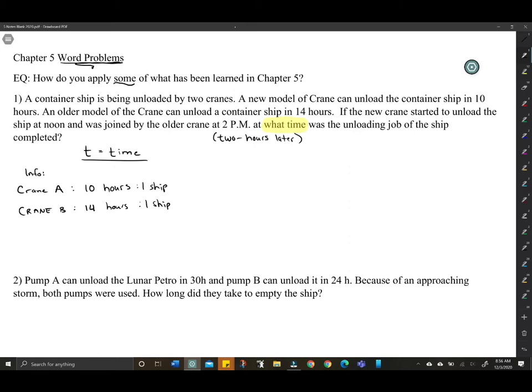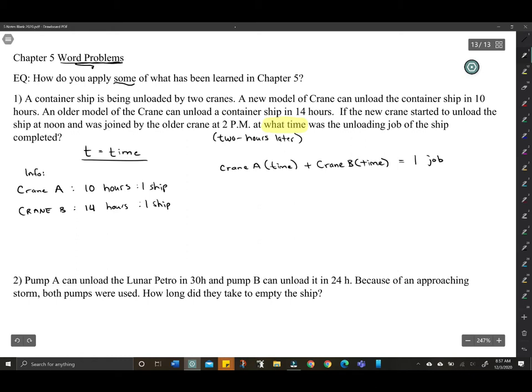What we can figure out is, if we're trying to find out what time the unloading of one ship was completed, basically what we'd be taking is crane A, for however much time it worked, plus crane B for however much time it worked, and that's going to equal one job, or one ship, being completed.